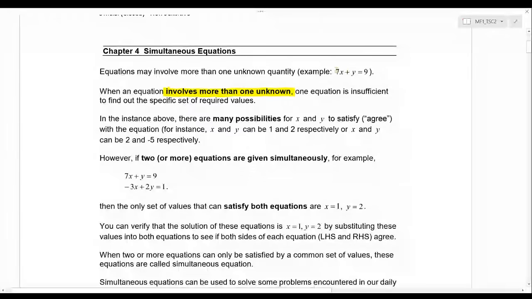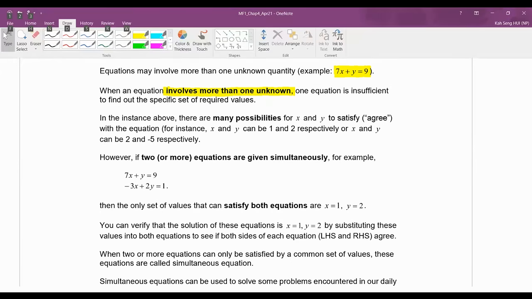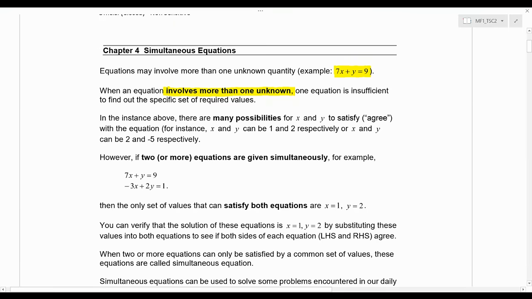So in the example 7x plus y equals 9 here, x is a variable, y is also a variable, which means that with a single equation, we won't be able to solve for both of them. In other words, if x is a certain value, then y would take on the respective value. Let me give you an example.